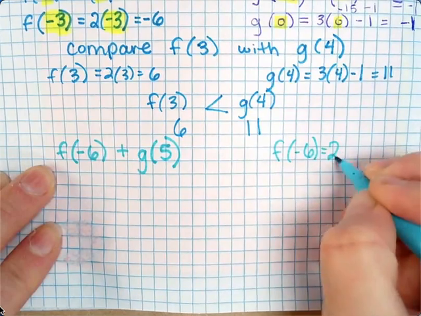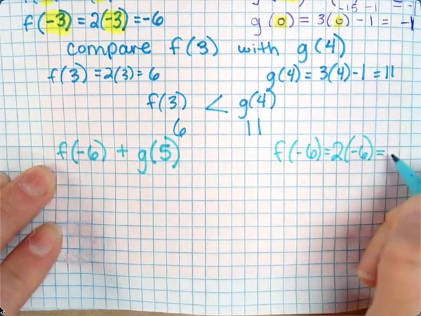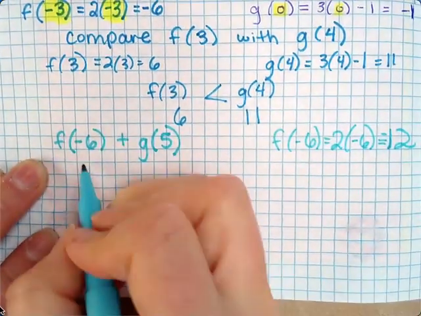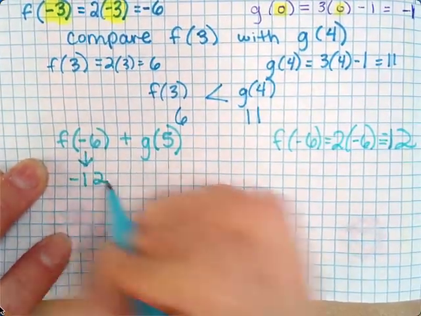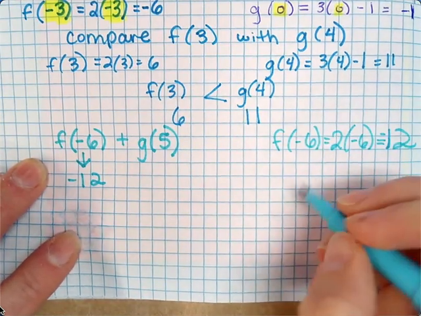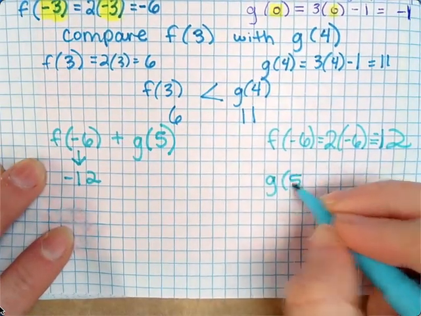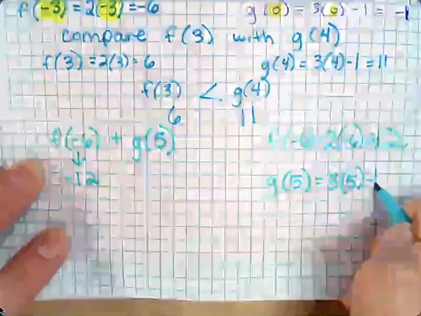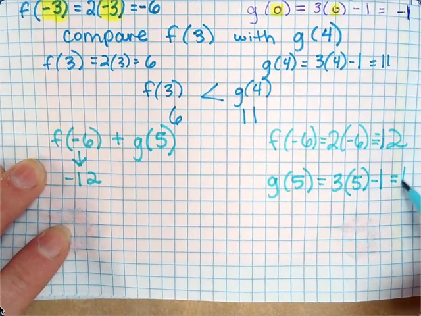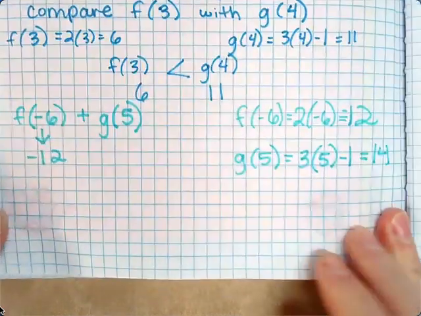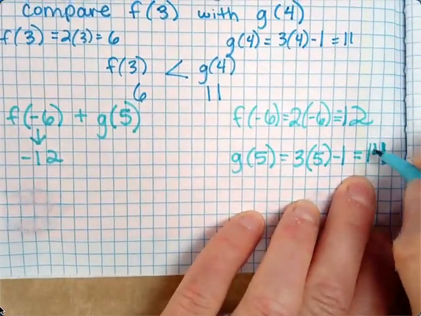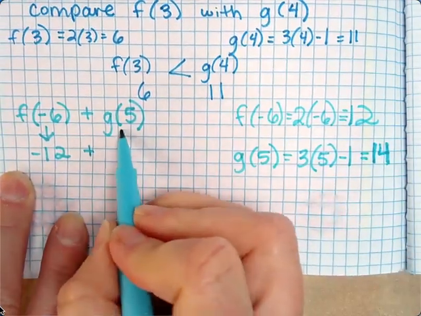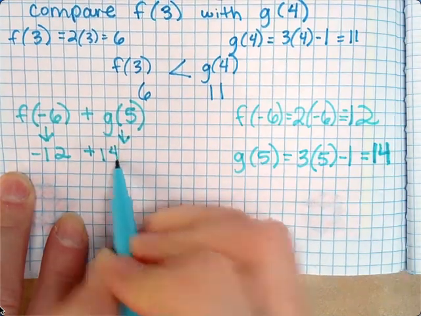Yeah, because it's 2 times negative 6, negative 12. And then g of 5 is positive 14.